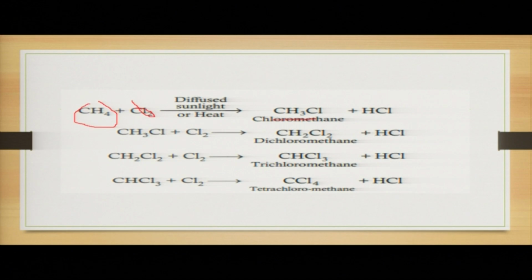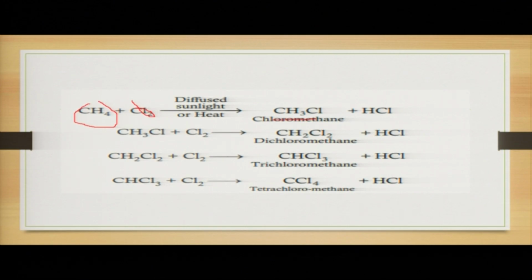The displaced hydrogen forms hydrogen chloride. So that is the chloromethane that is formed. The reaction is continuous until all the hydrogens are substituted, so the reaction is called a substitution reaction.